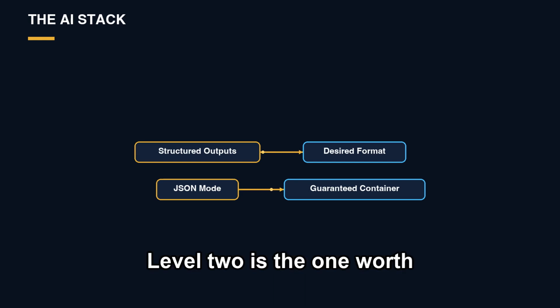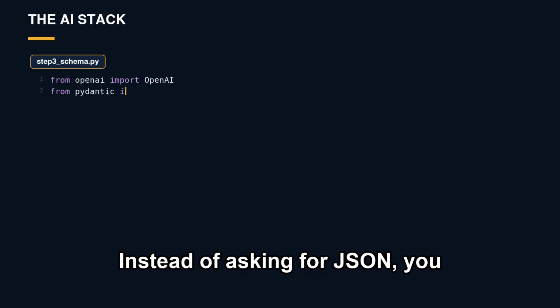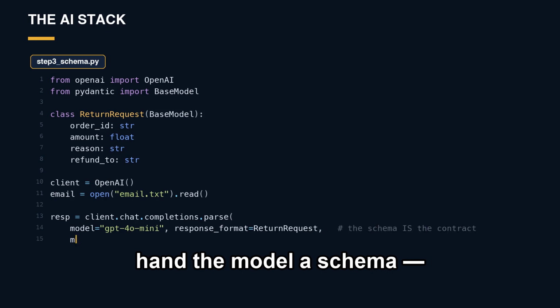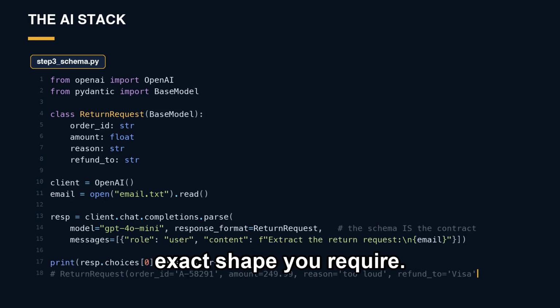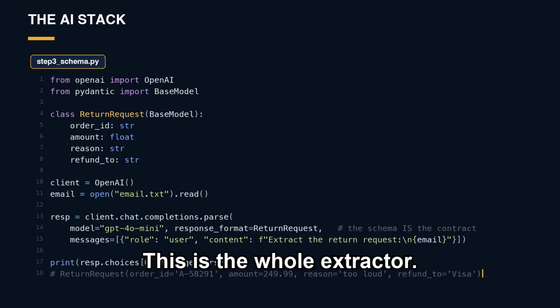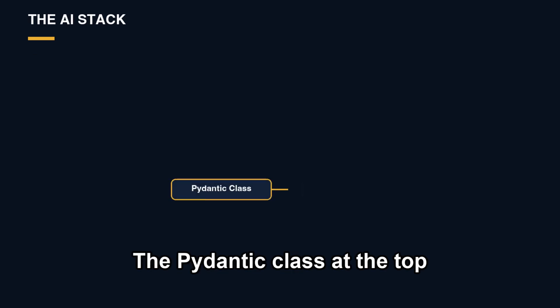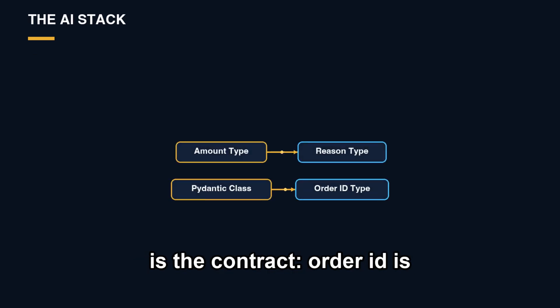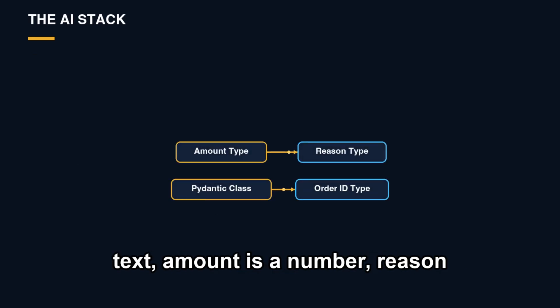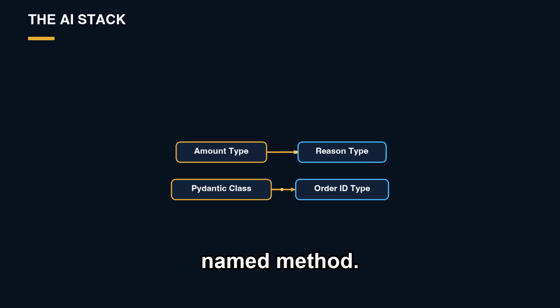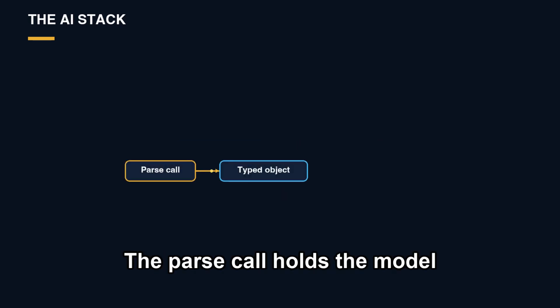Level 2 is the one worth remembering, and it goes by the name structured outputs. Instead of asking for JSON, you hand the model a schema, a contract that spells out the exact shape you require. This is the whole extractor. The Pydantic class at the top is the contract. Order is text, amount is a number, reason is text, refund goes to a named method. The parse call holds the model to it.